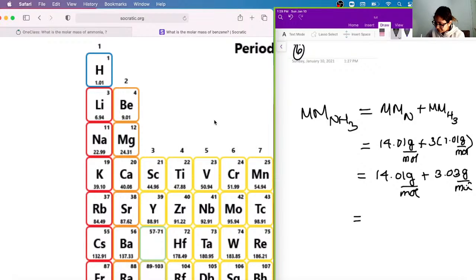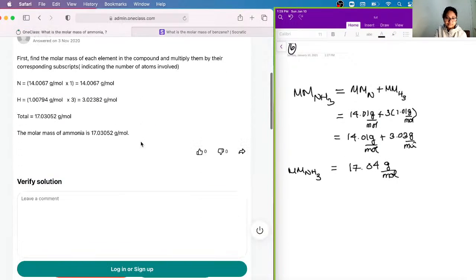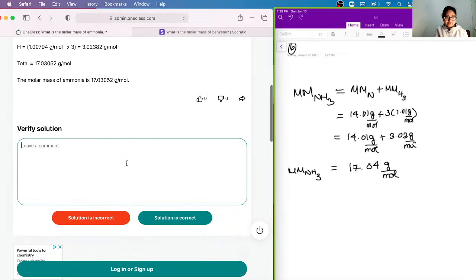And adding all this together with the 14.01 grams per mole, you have a total of 17.04 grams per mole. So the molar mass of ammonia is around 17.04 grams per mole. So yeah, this is that.